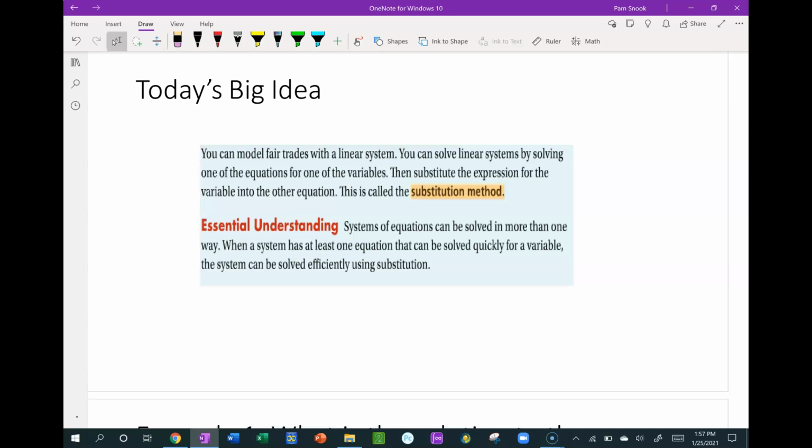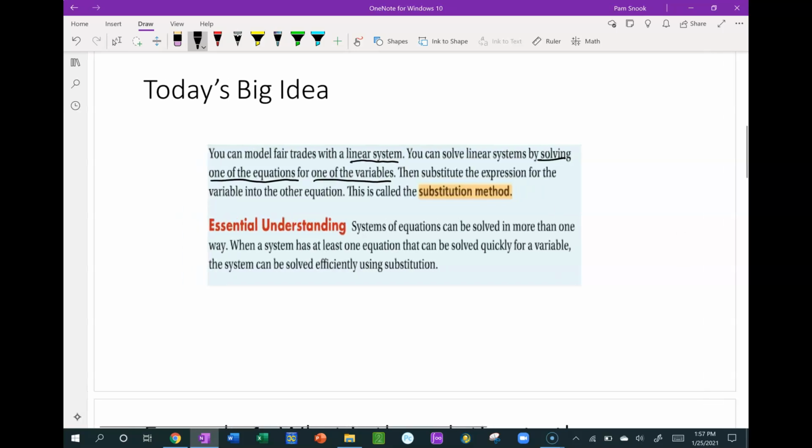And here's the big idea. You can model fair trades with a linear system. And you can solve that linear system by solving one of the equations for one of the variables, and then you just plug in that equation into the other equation, and that's called the substitution method.